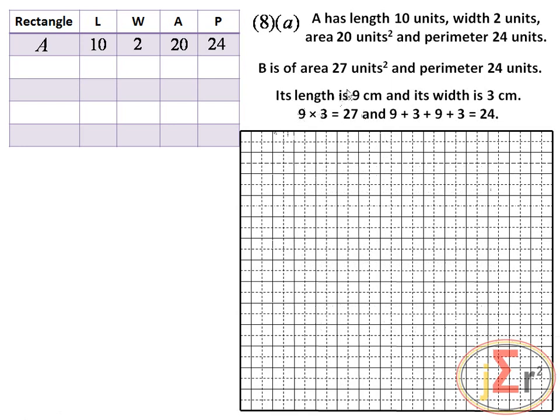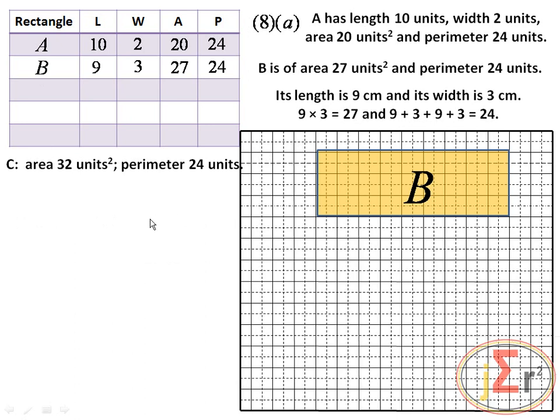In order to get 27 units squared, we say 9 multiplied by 3 is 27, and then we say 9 plus 3 plus 9 plus 3 is 24. Or we can use the formula for area that we'll take a second look at in a short while.